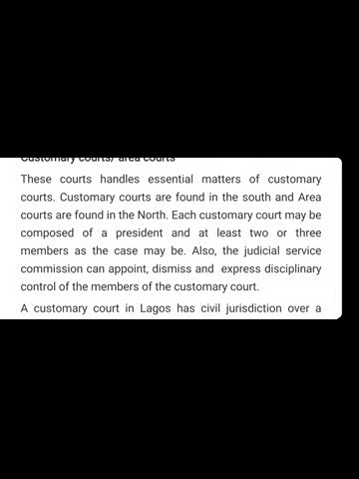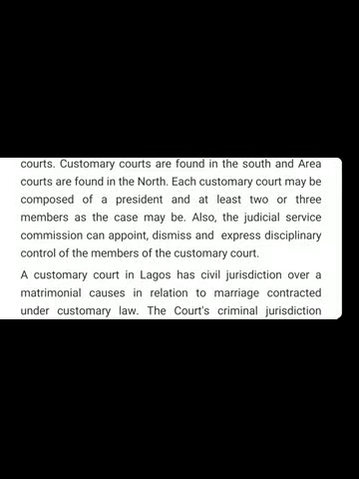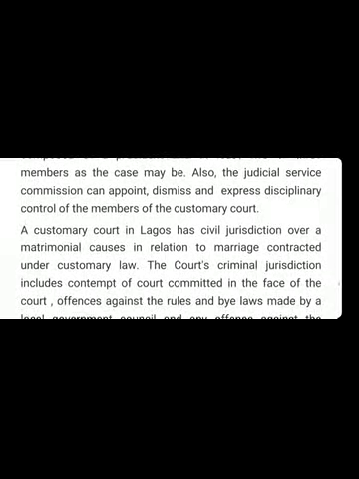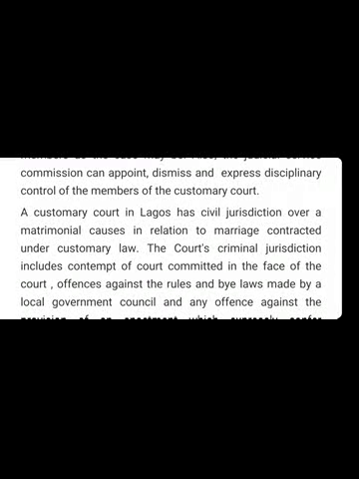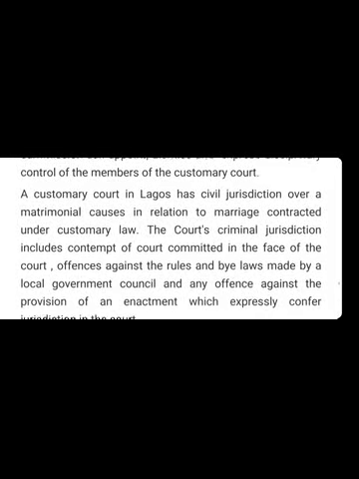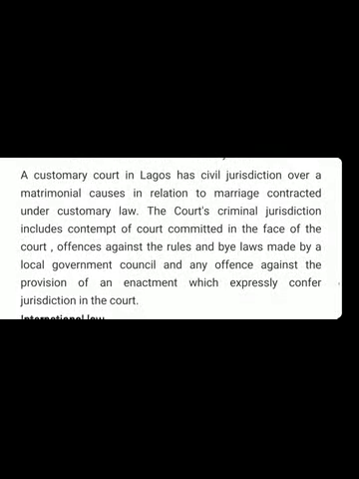Each customary court may be composed of a president and at least 2 or 3 members, as the case may be. Also, the Judicial Service Commission can appoint, dismiss, and exercise disciplinary control on the members of the customary court. Now, let's note that a customary court in Lagos has civil jurisdiction over matrimonial causes in relation to marriage contracted under customary law.